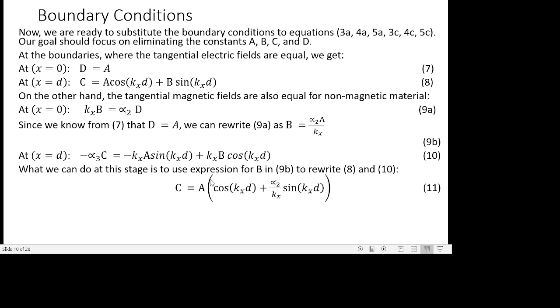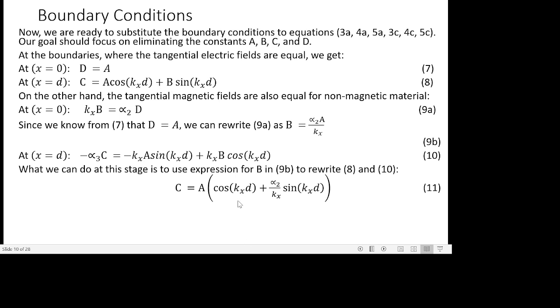And if we substitute b with this expression into equation 10, we are going to get this. So b can be rewritten as this one. Sorry, if we substitute b for equation a, we will get this one.